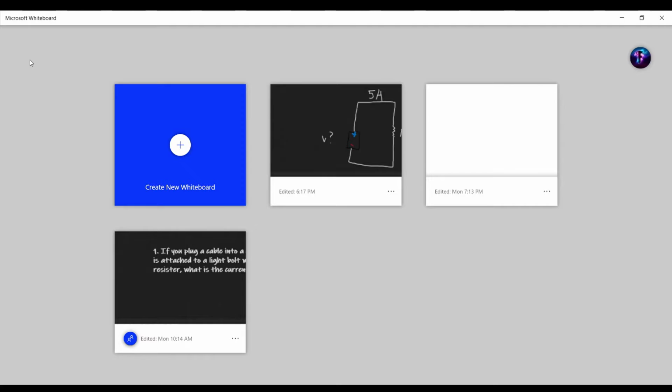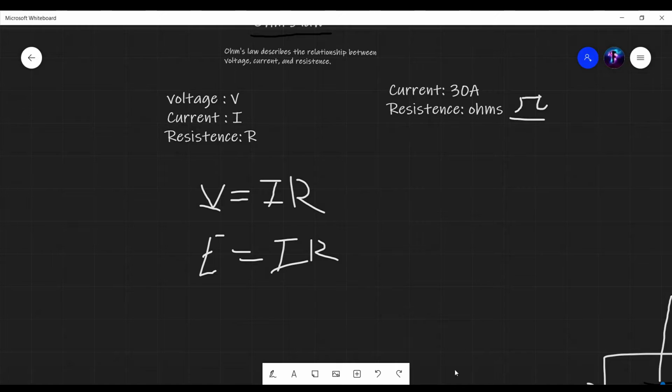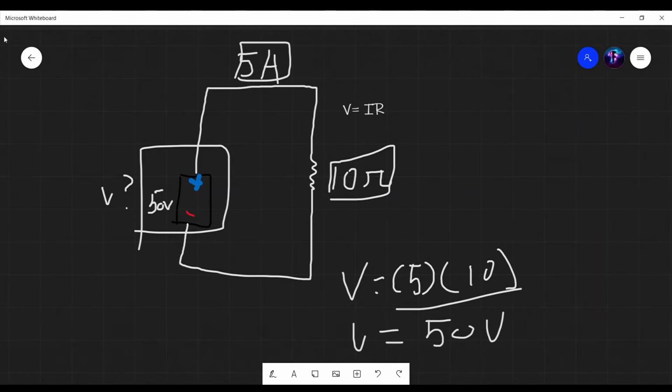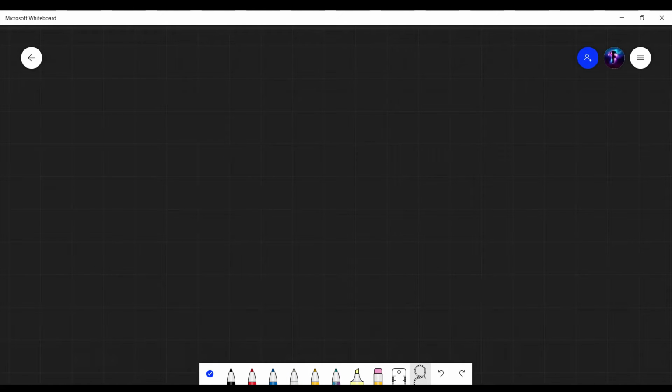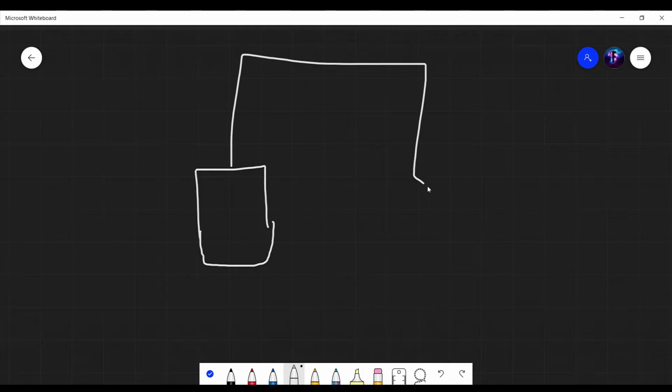Okay, now I'm going to delete all of this and draw a new circuit. This time we're finding the current. So let me draw the circuit first, the resistor.